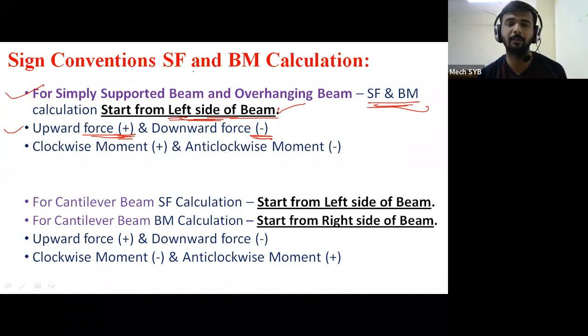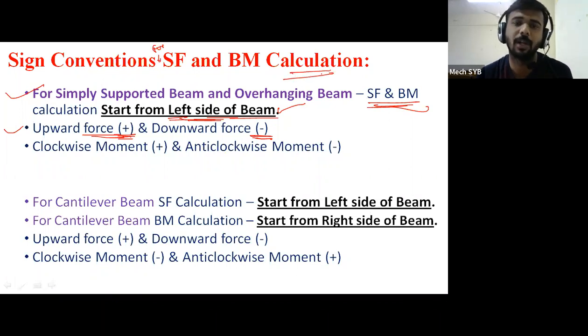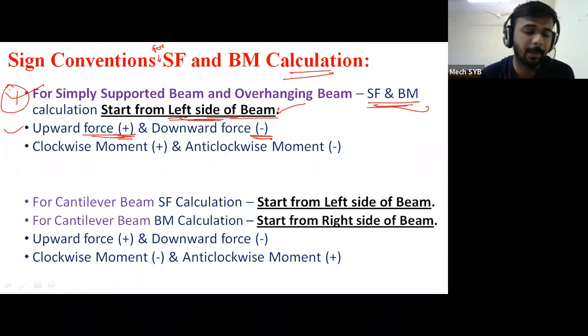Put the heading sign conventions for SF and BM calculation, and below that write down first simply supported and overhanging beam. त्याच्यामध्ये पहिला बीम म्हणजे आपण कुठला घेतोय सिम्पली सपोर्टेड अँड ओव्हरहँगिंग. त्याच्या खाली पॉइंट नंबर 1: SF and BM calculation start from left side of the beam.